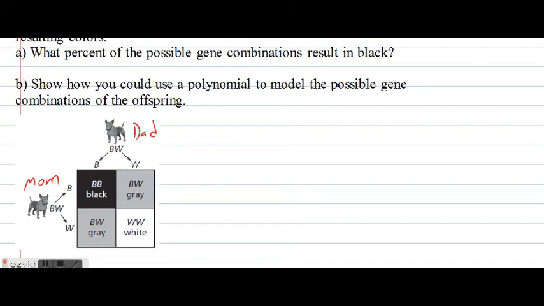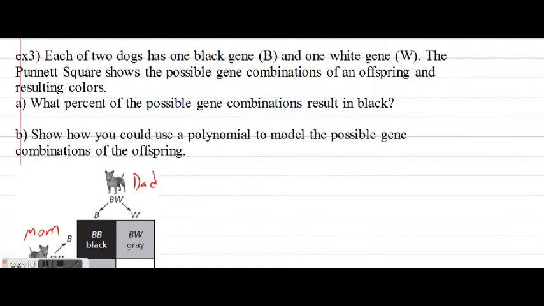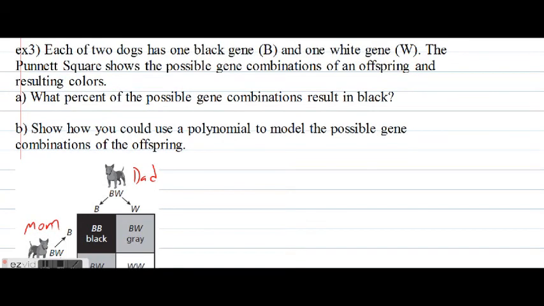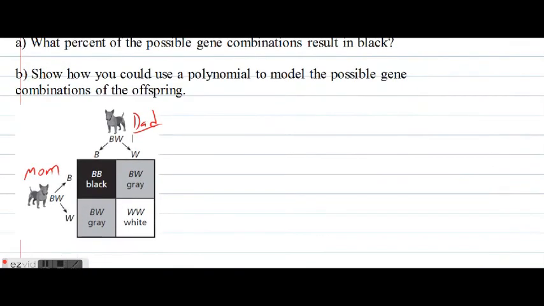So the papa dog here, he has a black gene and a white gene. So he could be a black dog or it could be a white dog. And then the mom, same thing, a black gene or a white gene. Alright, so we're worried about what are the kids going to look like? What are the little puppies going to look like? Alright, so the Punnett square shows the possible gene combinations of an offspring and resulting colors.